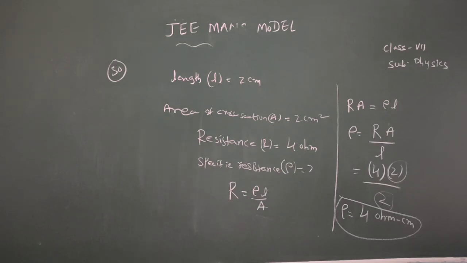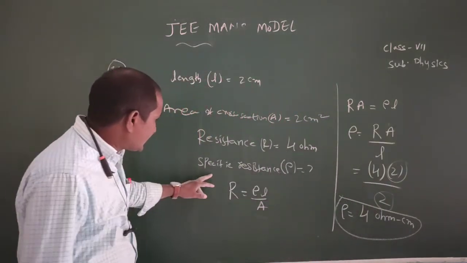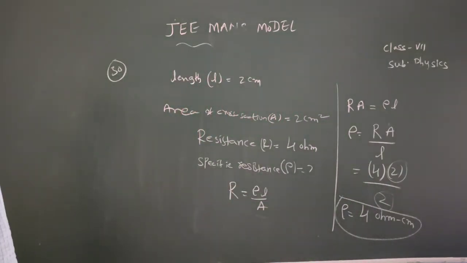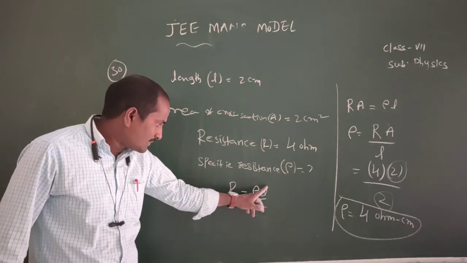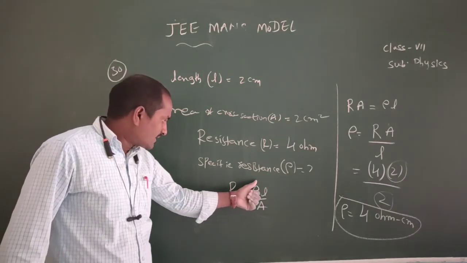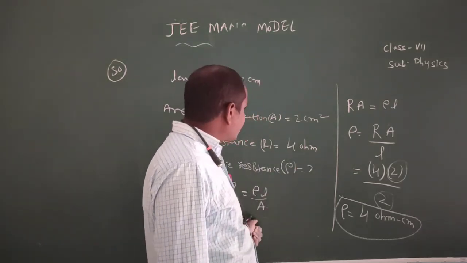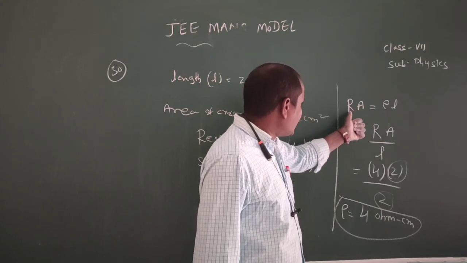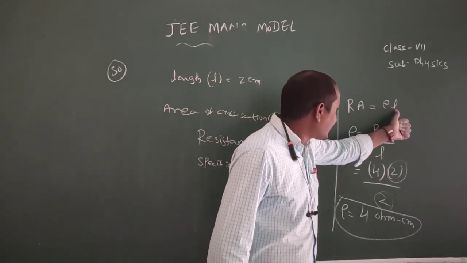Listen once again. Length equals 2 centimeters, area of cross section equals 2 centimeters square and the resistance equals 4 ohms. Our aim is to find the specific resistance. So R equals rho, means specific resistance, into L by A. Doing cross multiplication, R into A equals specific resistance into length.